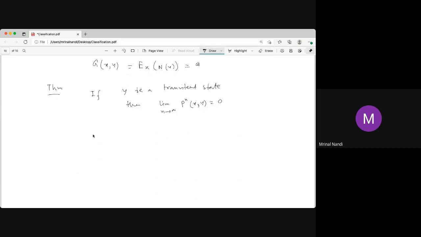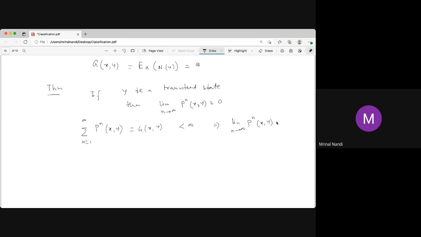What is the proof? The proof is very easy. We know this sum is G(x,y), but G(x,y) is finite since it is a transient state. Now, if the series sum is finite, that means the nth term goes to 0. That actually means that the limit as n tends to infinity of the nth term is 0.